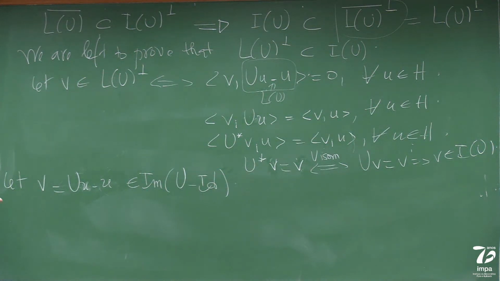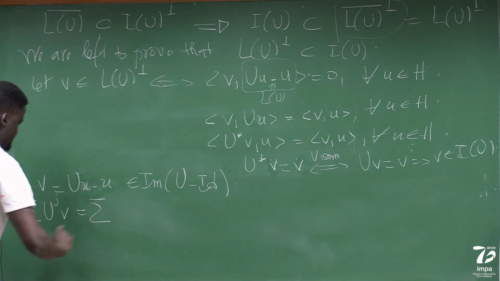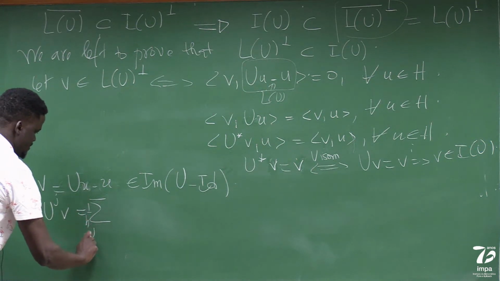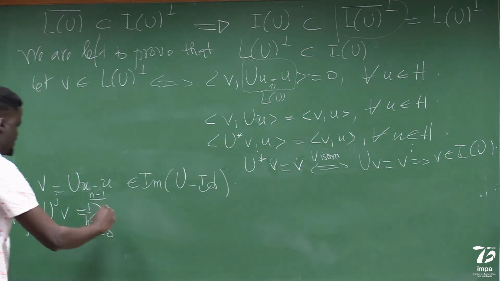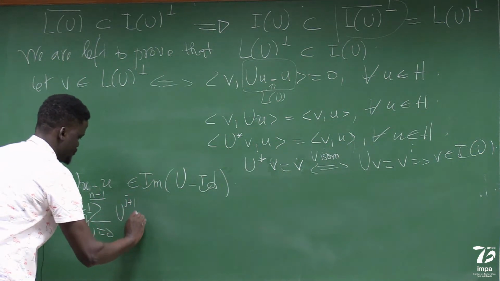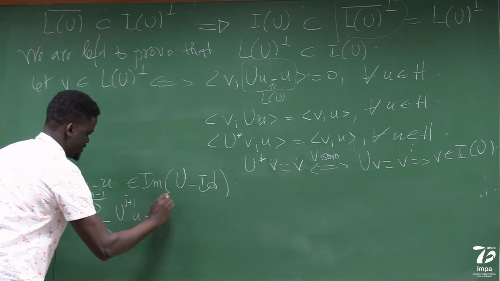Now you want to take the time average of this: 1 over n, the sum j equals 0 to n minus 1 of U j of V. You will have U j plus 1 minus U j.